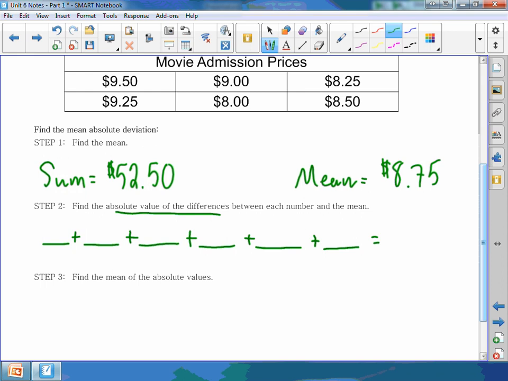Can somebody read me through the differences that you got here? I don't care which order, it doesn't matter to me. Just take me through. Go ahead, Issa. Okay, so 0.75.